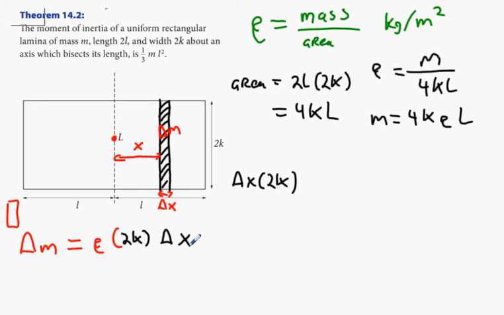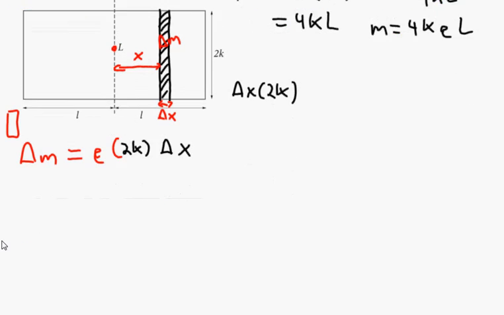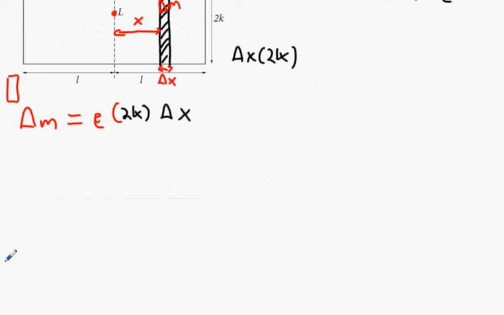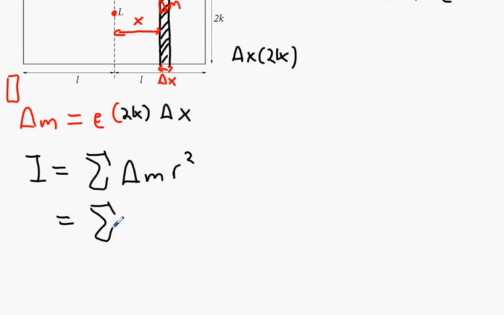Next thing we have to do is to find the moment of inertia. I equals the sum of delta m by r squared. What do we always do again? We always try and get rid of the delta m at the start to introduce rho.